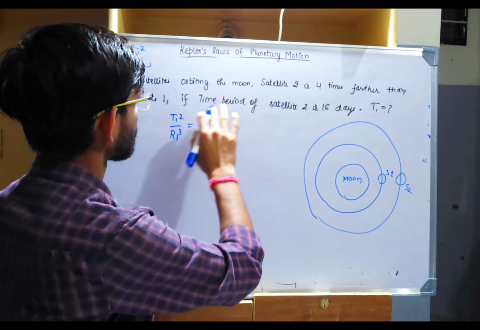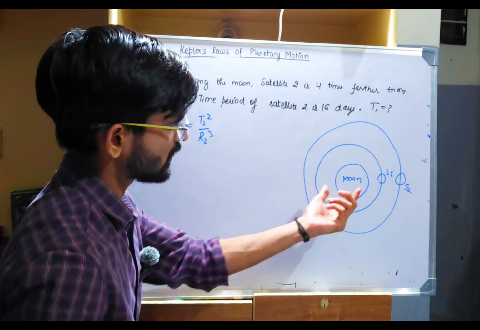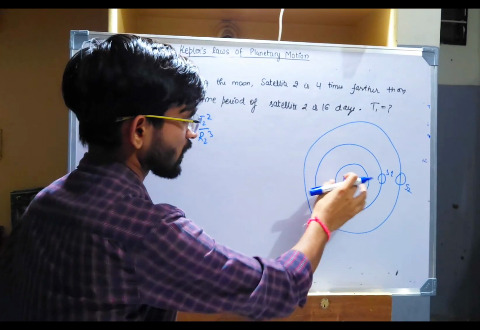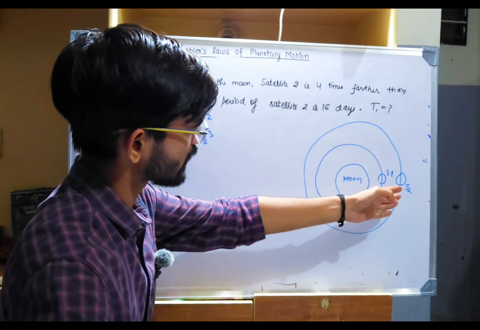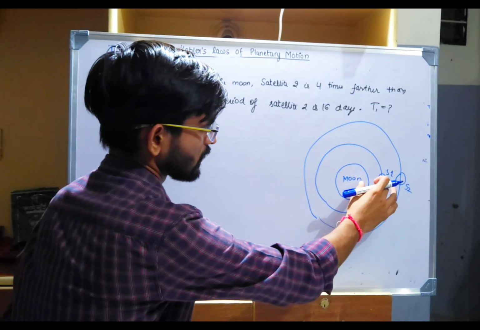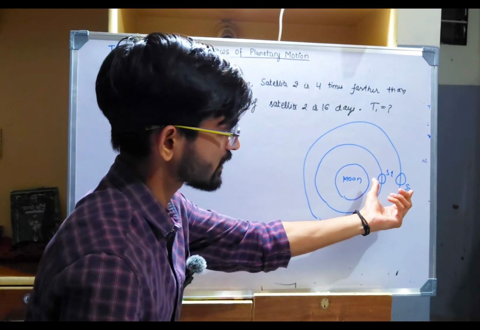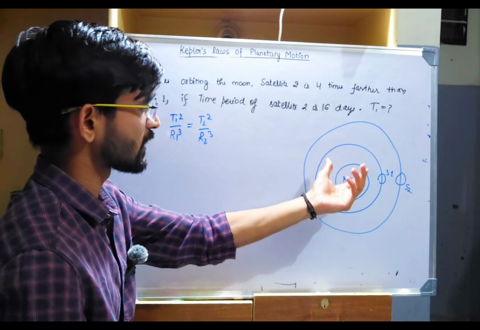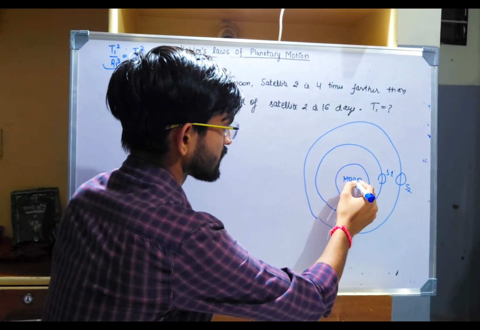Now tell me, if satellite 2 is taking 16 days to complete one revolution around the moon, and satellite 1 is closer to the moon than satellite 2, will it take more days or less days? The distance between the moon and satellite 1 is lesser than the distance between the moon and satellite 2, so obviously satellite 1 will take fewer days, and we have to find how many fewer days.